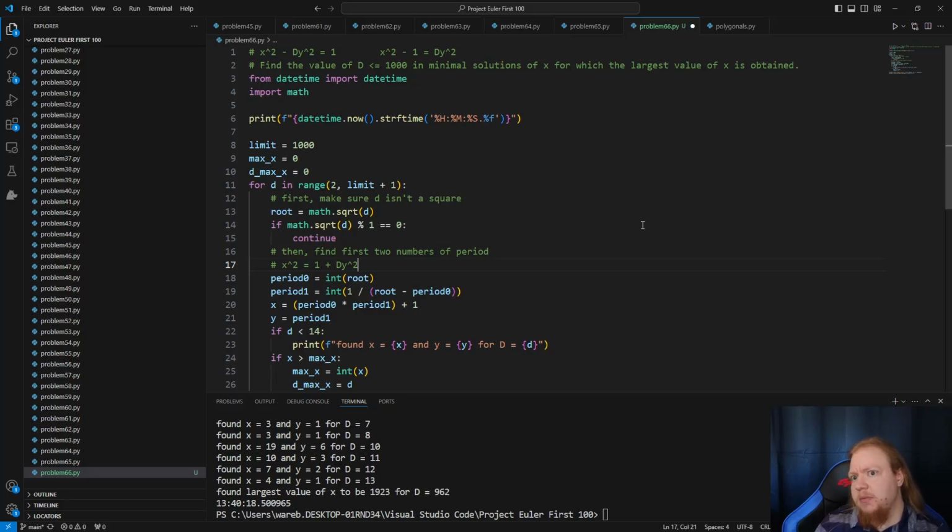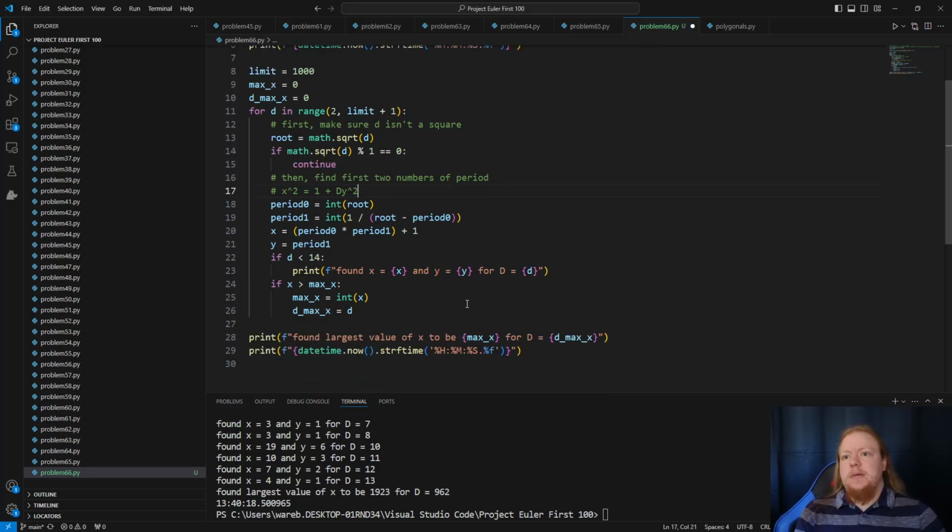D multiplied by a square plus 1 is x squared, so it's really... I'm reinventing what I had before, aren't I? Where I just go through y's.